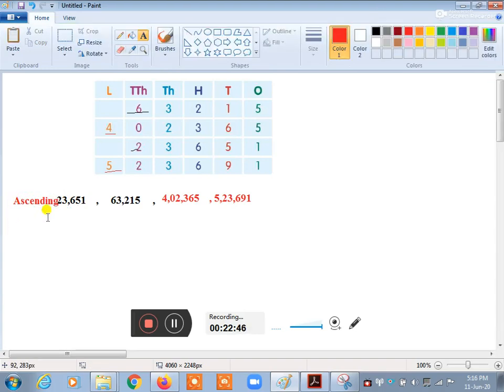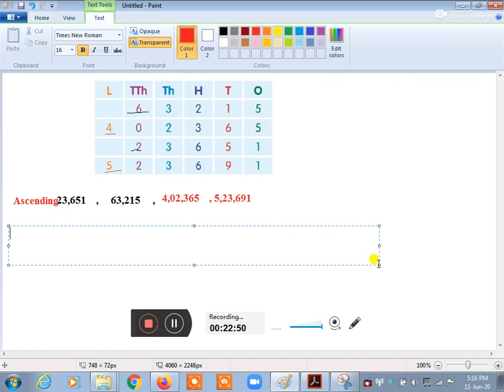This is the ascending order, and next is the descending order. Descending order means greatest number to the smallest number, the reverse of the ascending order. So here we have to compare for the greatest number.